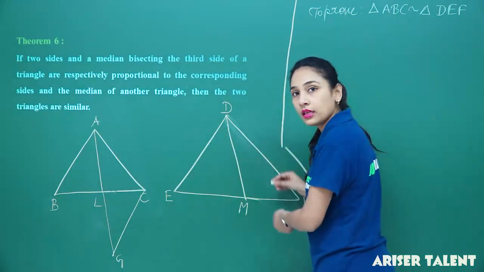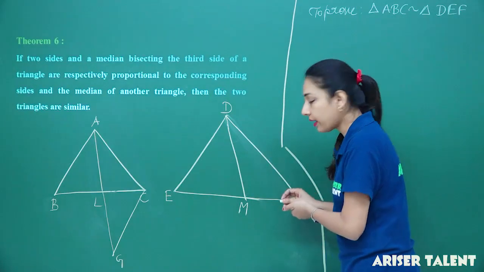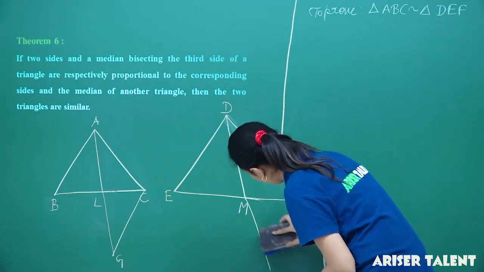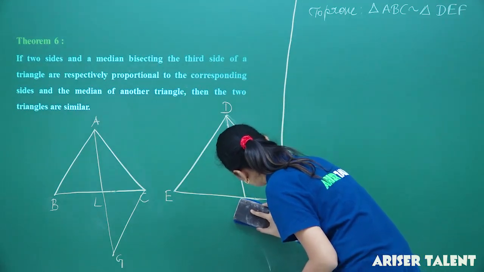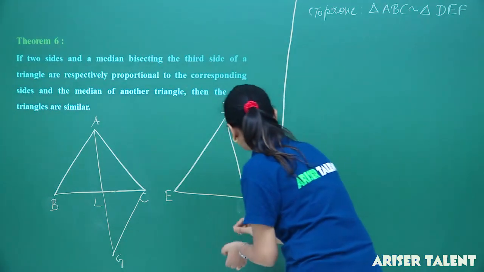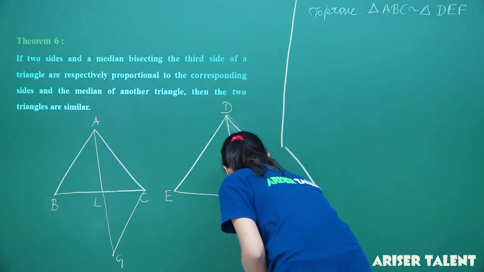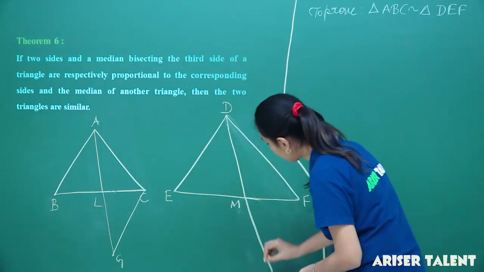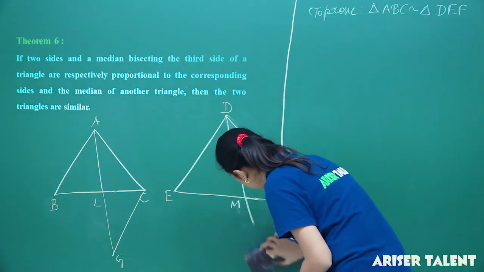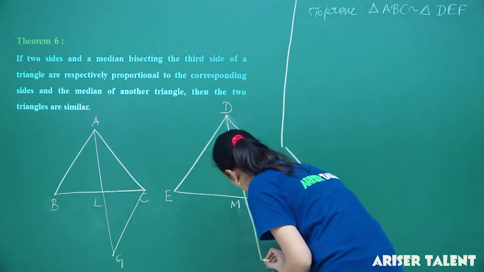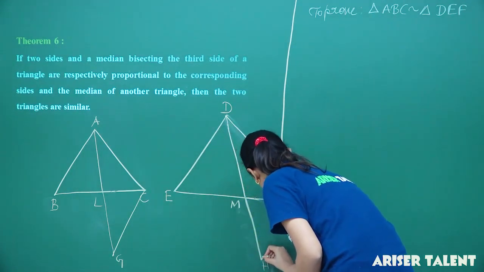Now again in the second triangle, do the same thing. It is M, and we are having such that DM is equal to this, so mark it H.